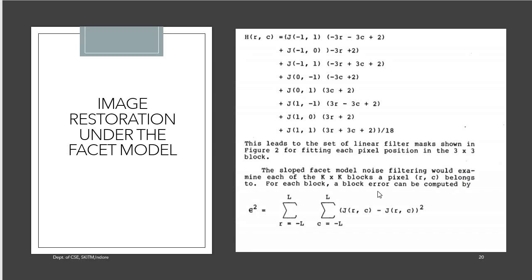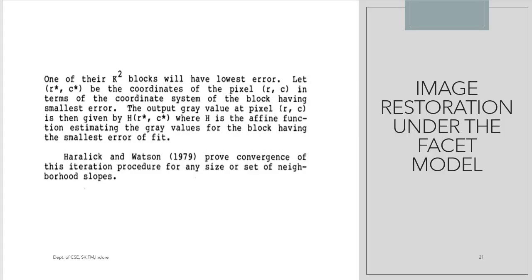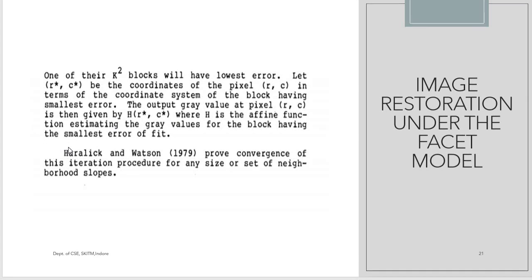For each block, a block error can be computed by this equation. So one of the k cross k square blocks will have the lowest error. The output gray value at the pixel is given by this, where h is the affine function estimating the gray value for the block having the smallest error of the fit.